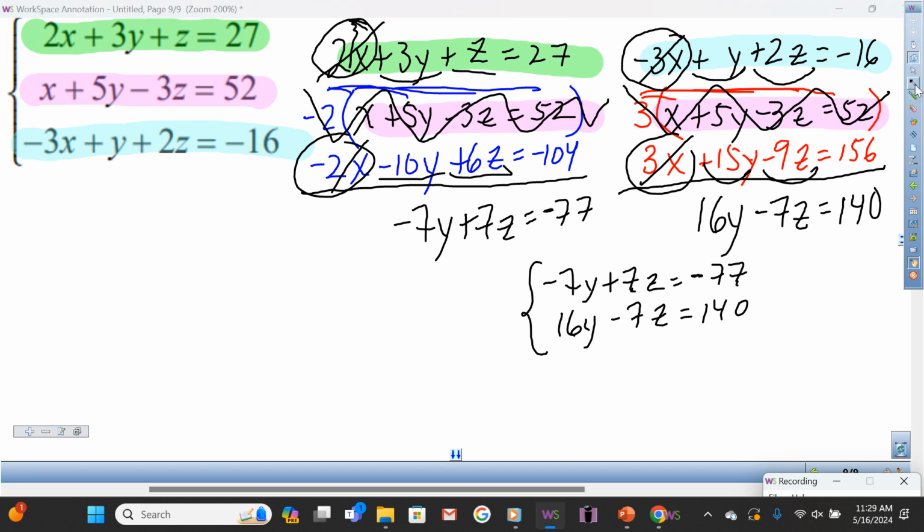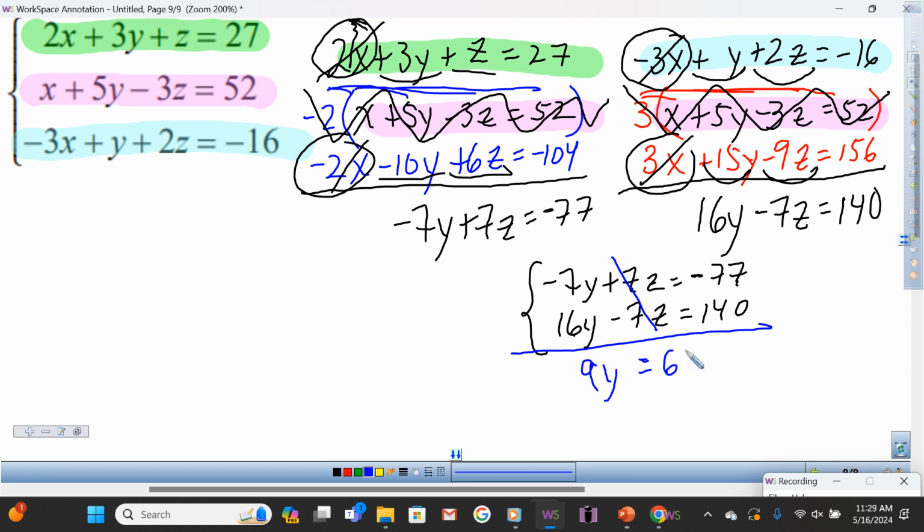All right? Look at it. Can we eliminate anything here in this little system? The z, yes. 7z minus 7z is 0. Combine the y's. What is 16 minus 7? 9y. 140 minus 77, that's 63.